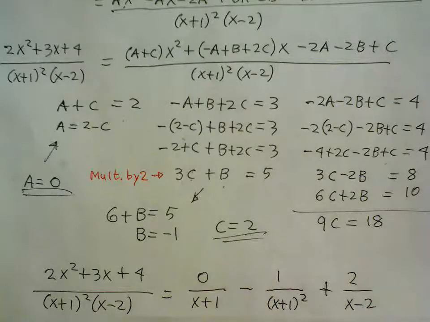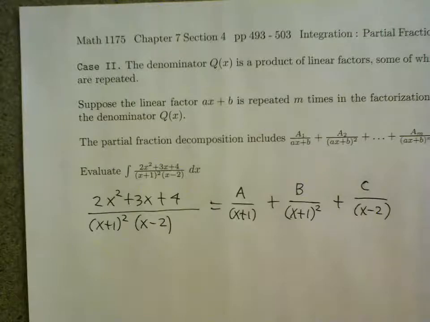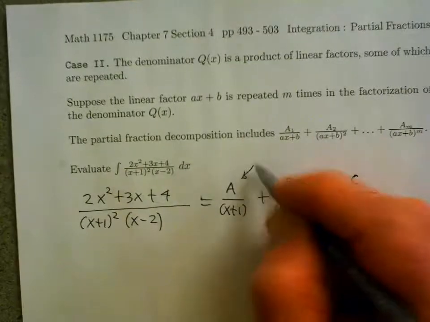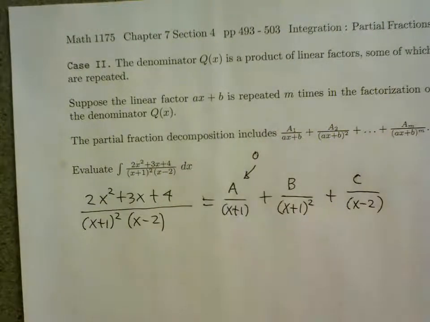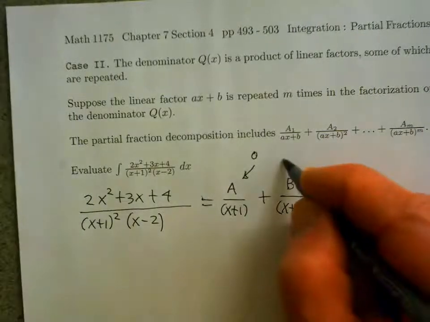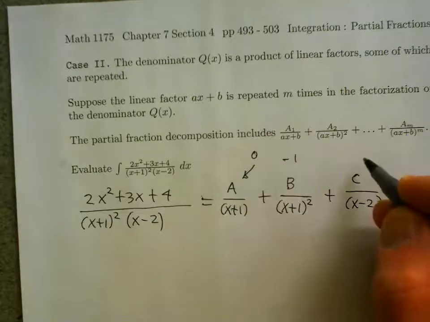Okay, now on the other page, okay, so this is 0. A is 0. What's B again? -1, and C is 2.